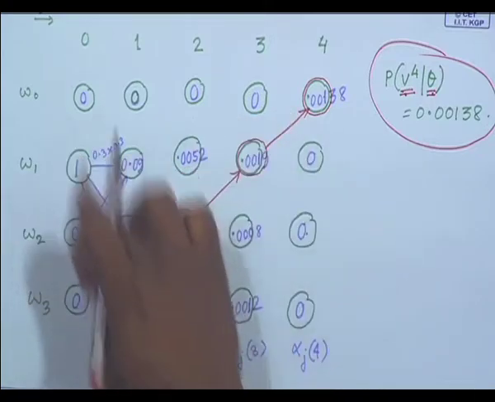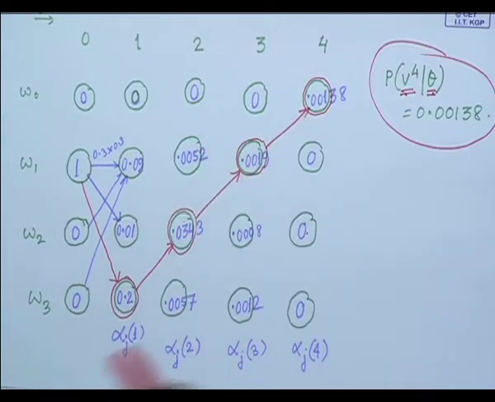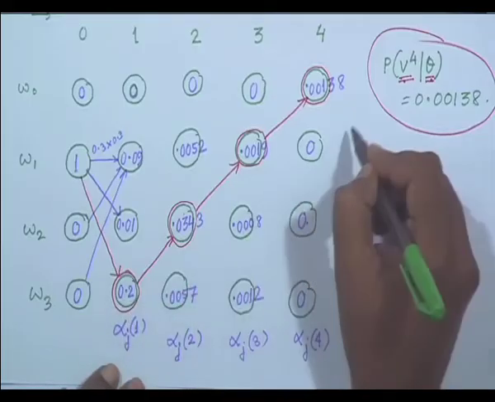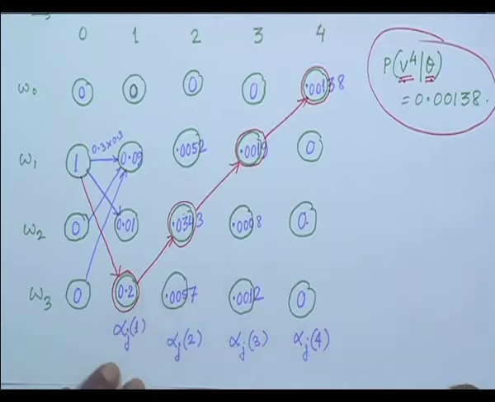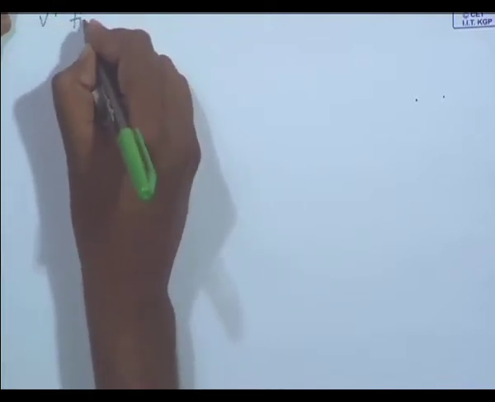And once from the Taylor's diagram I have this simple method to solve the decoding problem, I can also write an algorithm for this decoding problem, and this algorithm is very simple. That straightaway comes from this diagram. So, the decoding problem, we said that given V t, find the most probable sequence of states.